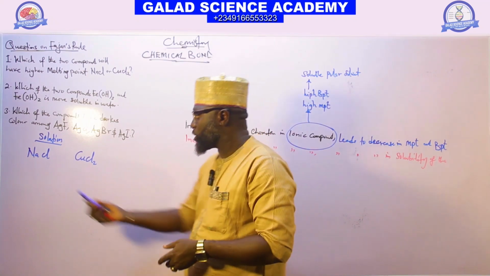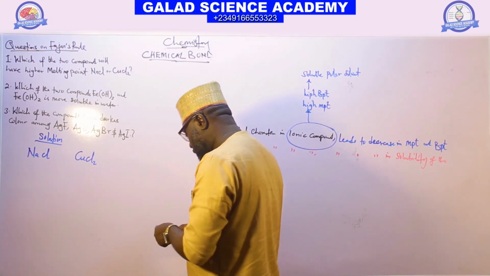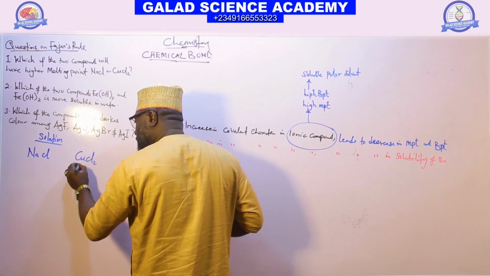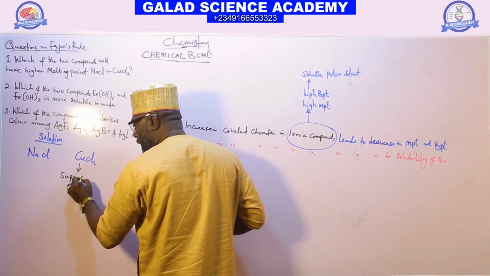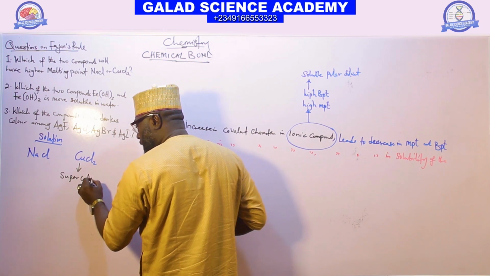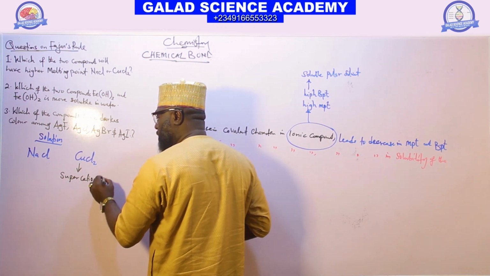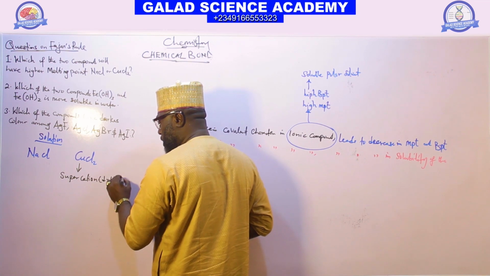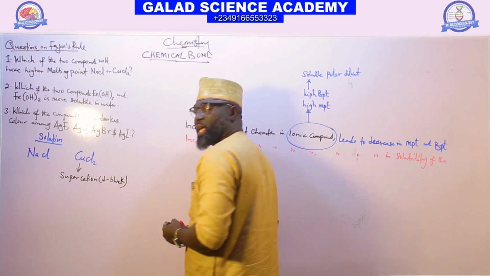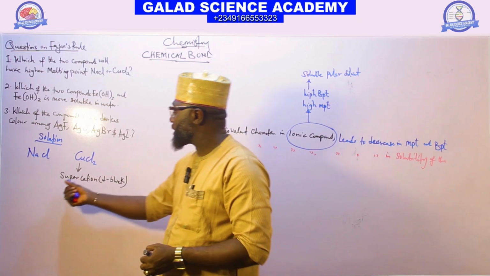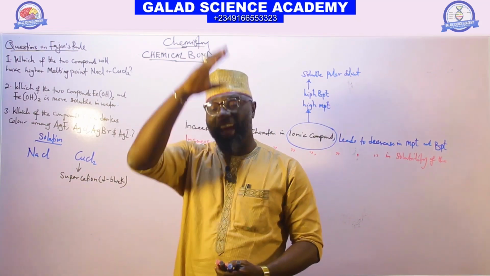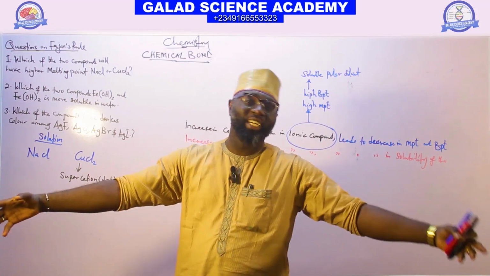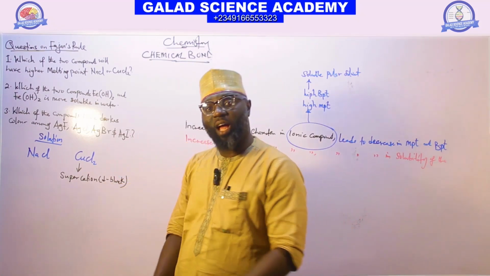This sodium chloride is a normal cation, and note that this copper chloride is what I call a super cation, which is a d-block element. Automatically, all super cations, d-block elements, transition elements, have a high degree of covalent character, abi.